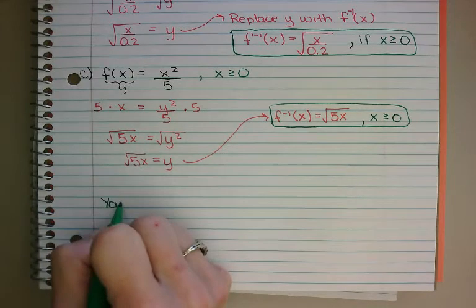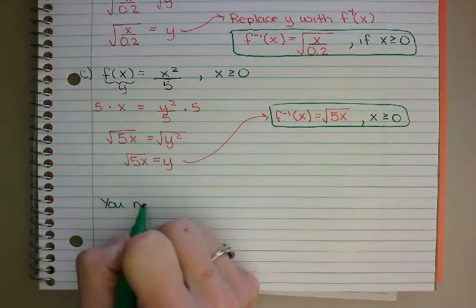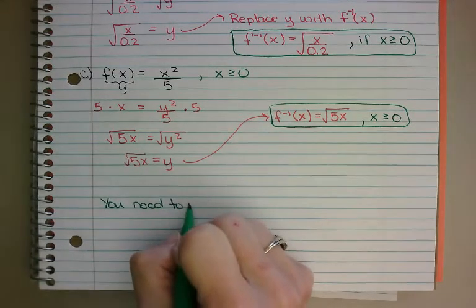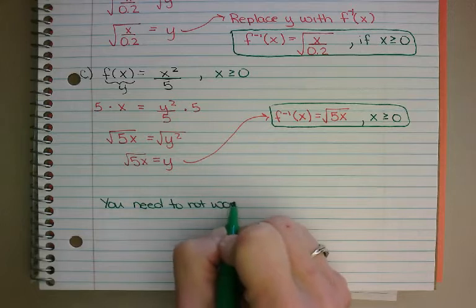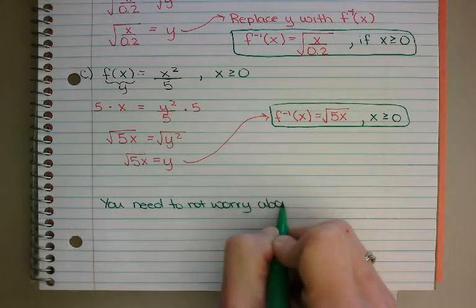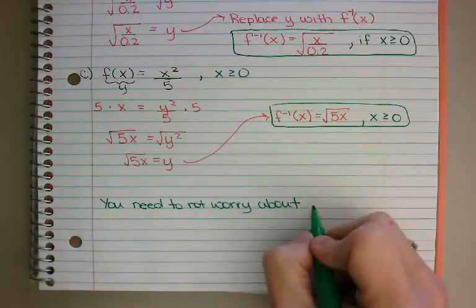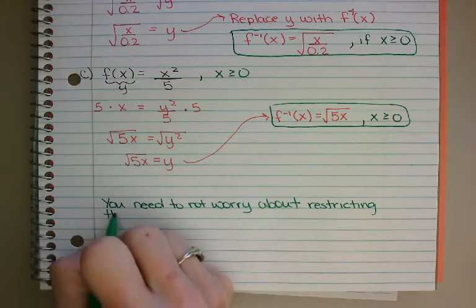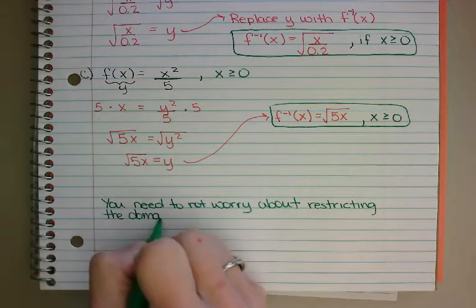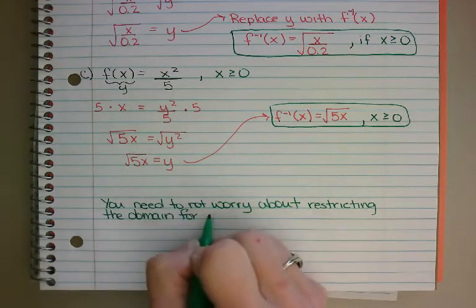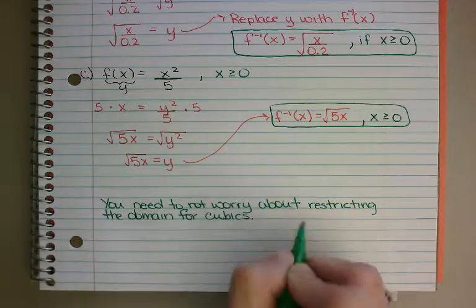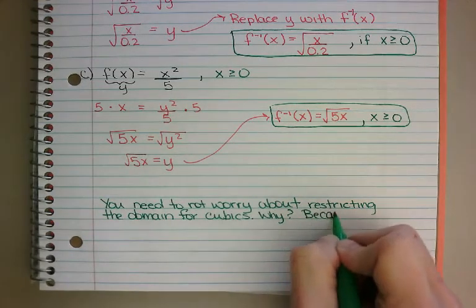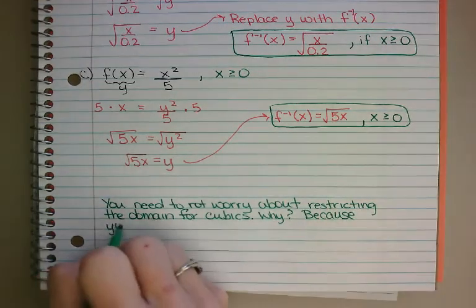You don't need to restrict the domain for cubics. Why? Because you can cube root a negative number.